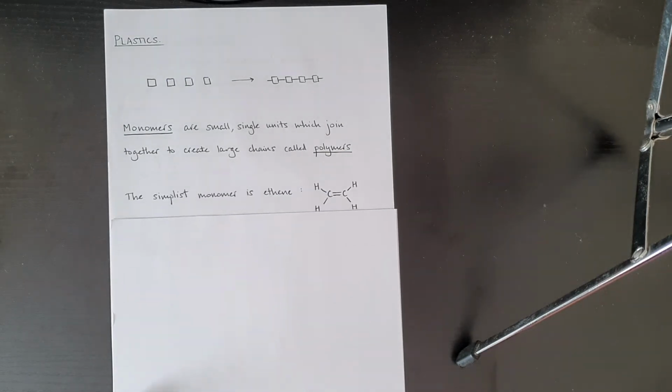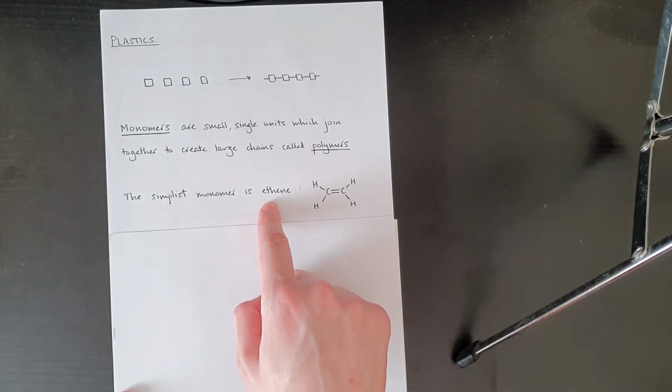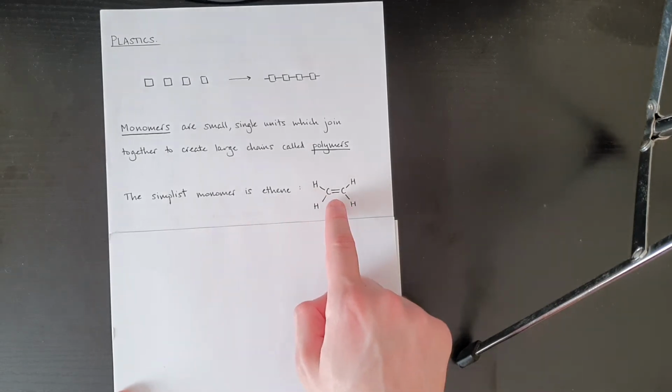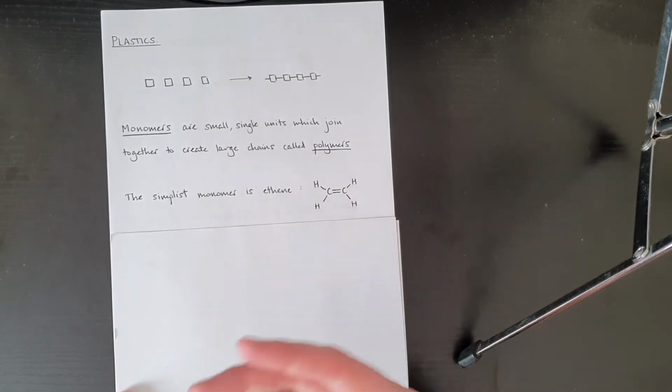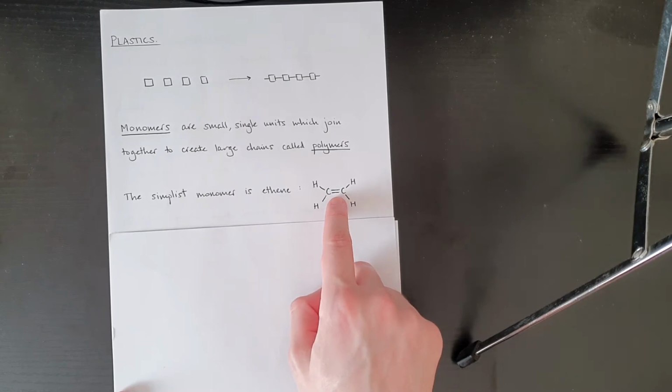So we're going to have a look at a few examples, and we'll start with arguably the simplest one. And the simplest monomer that we have is ethene. So why is this the simplest monomer? Because it has a key feature that monomers have to have to do this reaction that we're talking about to make a polymer. And that is being unsaturated.